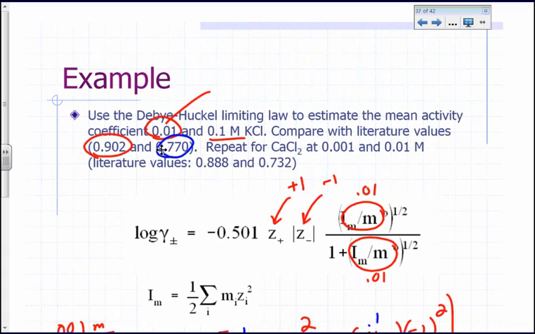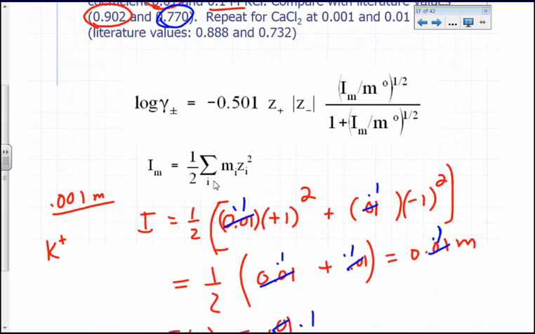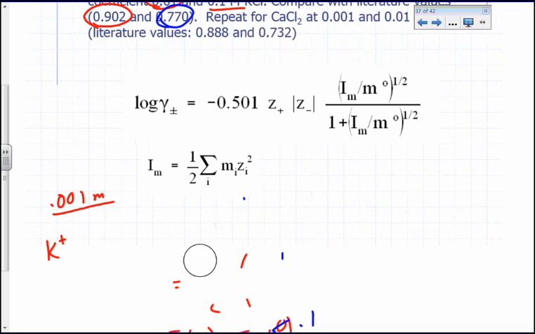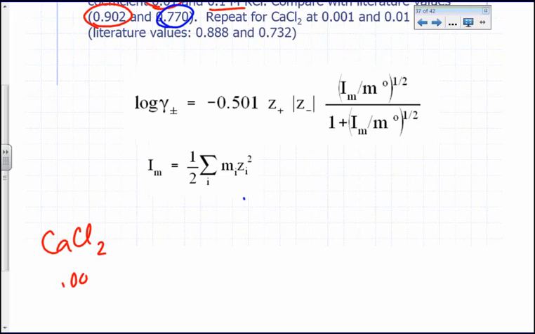All right. Let's try calcium chloride at 0.001 and 0.01 molar. So let's calculate the ionic strength for calcium chloride. For 0.001 molar, let's just say molality, the ionic strength would be 1/2 times the molality of calcium, which is 0.001.